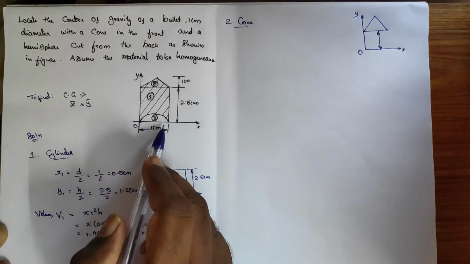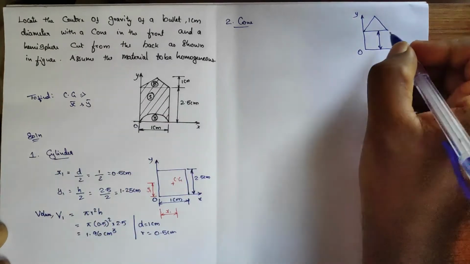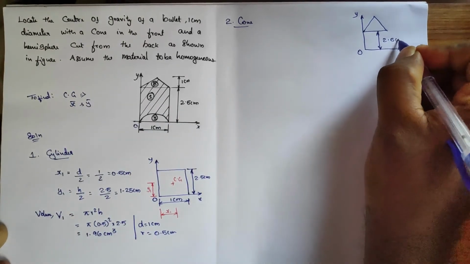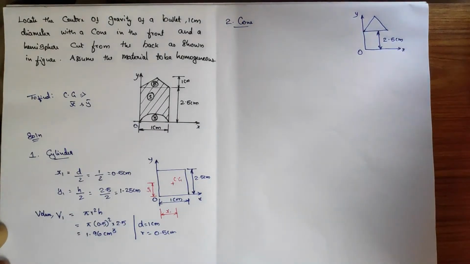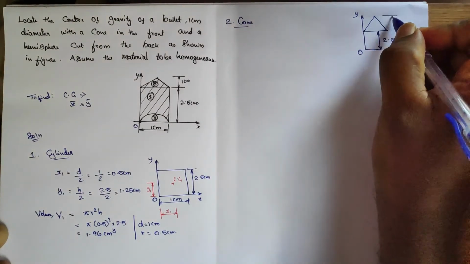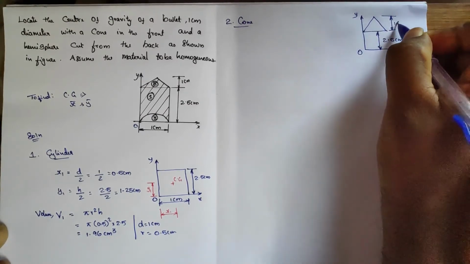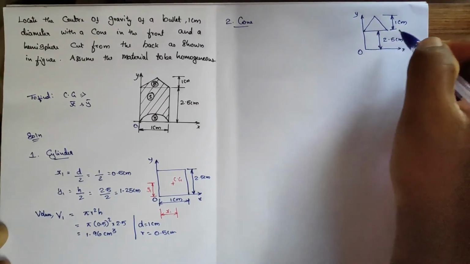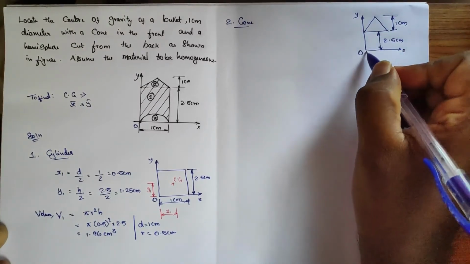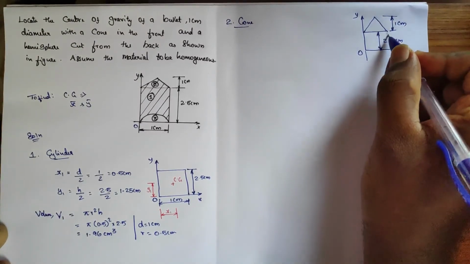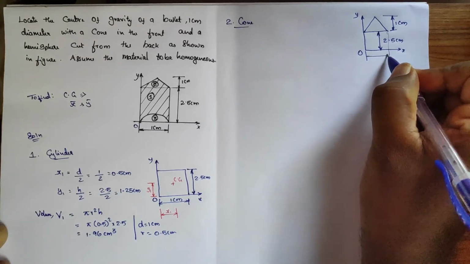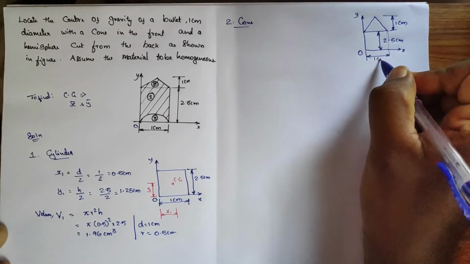It is 2.5 centimeter from the OX. The height of the cone is 1 centimeter, and the base distance given is 1 centimeter.